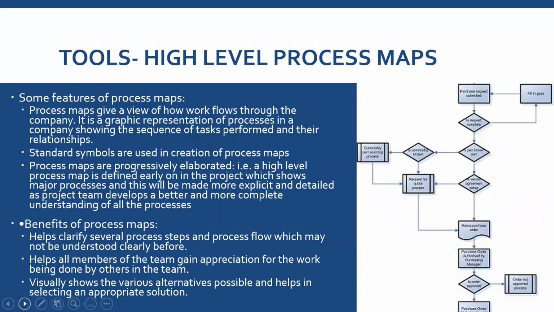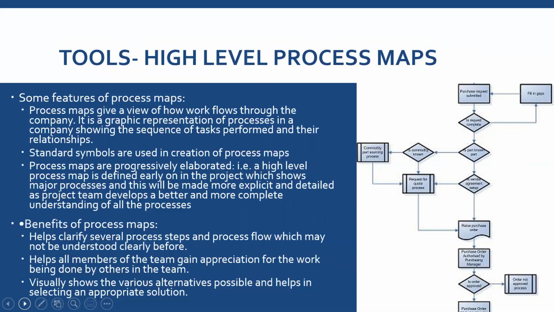Now, moving into the tools that we're going to use to implement the Six Sigma define phase. The first tool that we need to look at is the process map. The process map is a really simple and easy tool to track the workflow through the company organization.